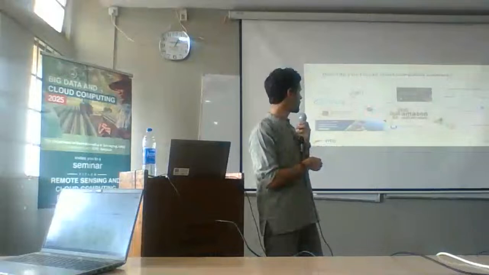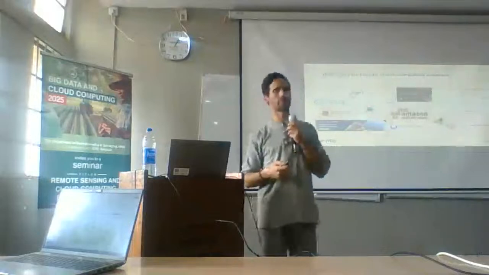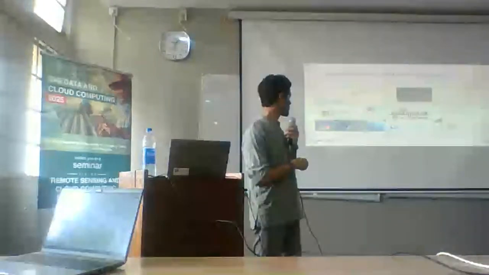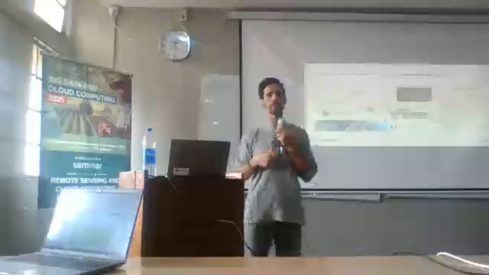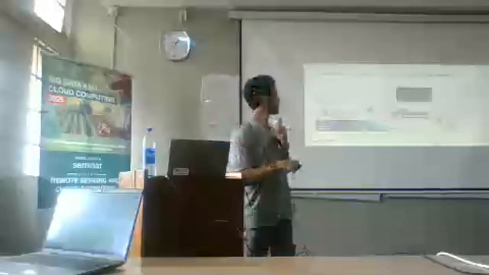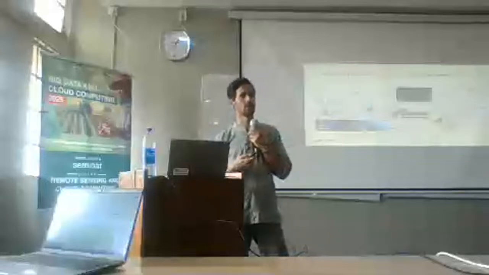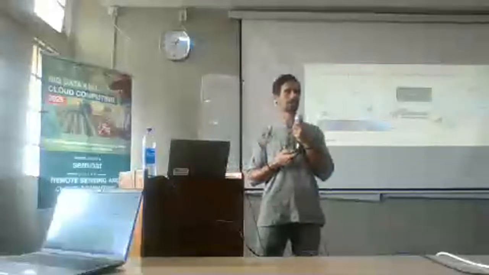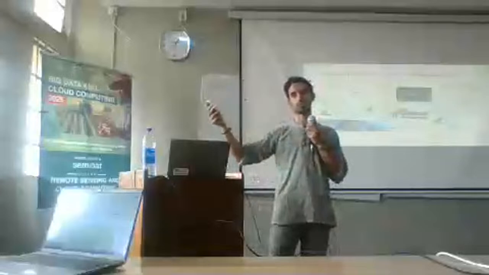And the second thing that we'll talk about is the openEO platform, which is a part of the Copernicus system. I'll describe it in a second, but it's the European Union's answer to Google Earth Engine. The challenge with Google Earth Engine is that it's a product of Google.